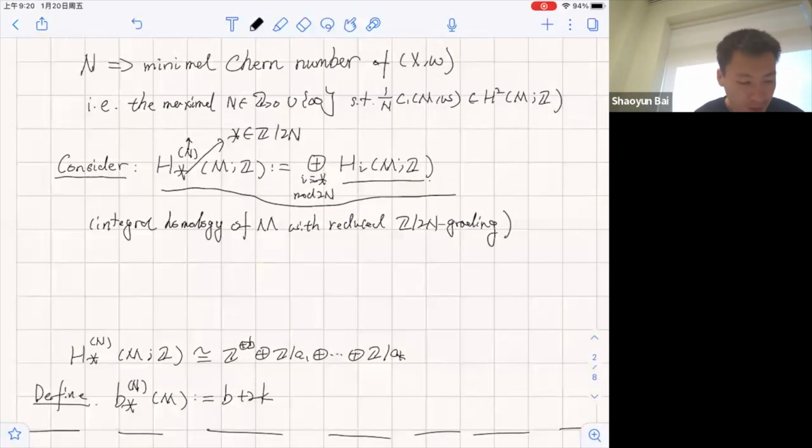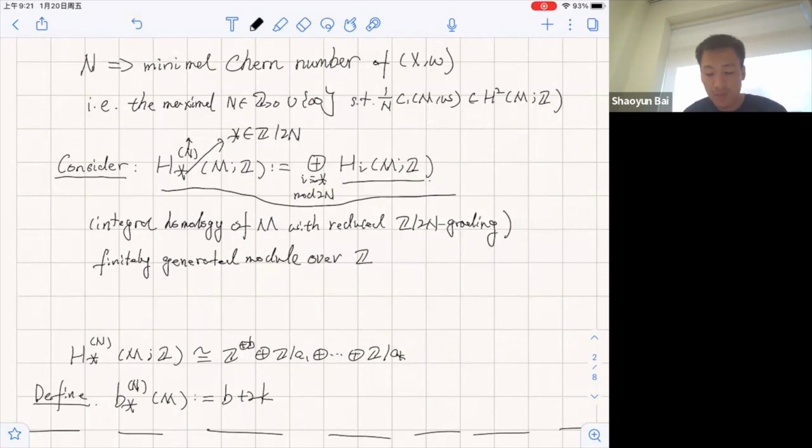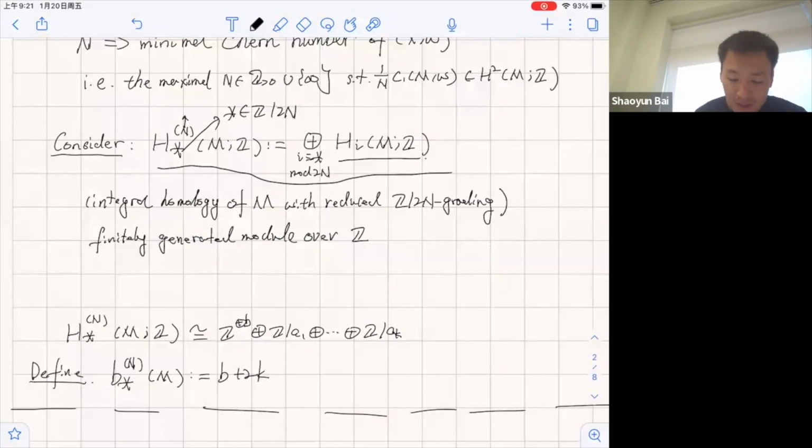In any case, this is still a finitely generated module over the integers. Remember that Z is a principal ideal domain, and from what you learn in maybe your first or second year abstract algebra course, you know that it has a structure theorem.